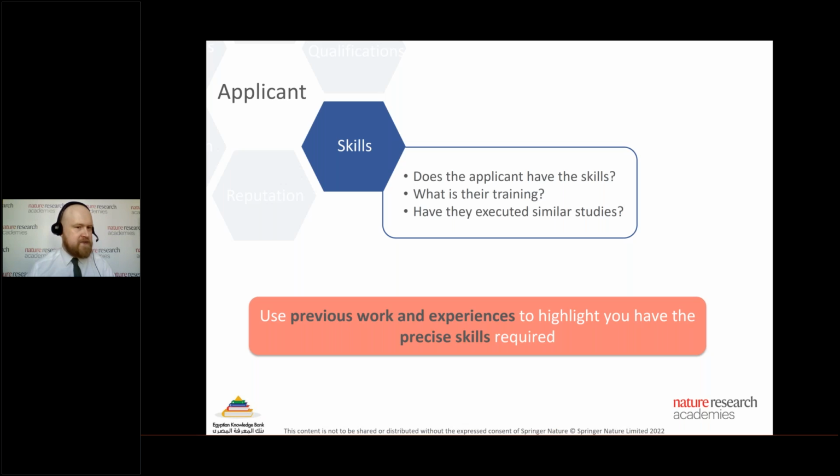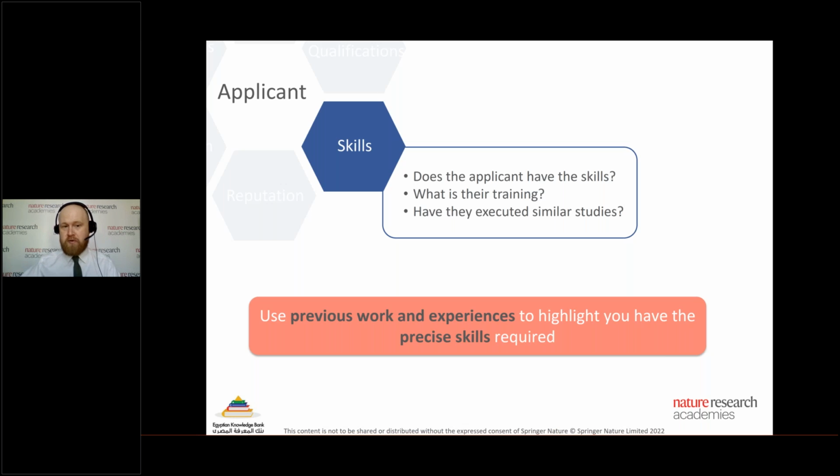So, as I've said, they'll be looking at the skills that you have. Now, importantly, they'll be assessing whether you have the skills relevant to the research proposal. Will you be able to successfully implement all of the aims that you've suggested in your proposal?